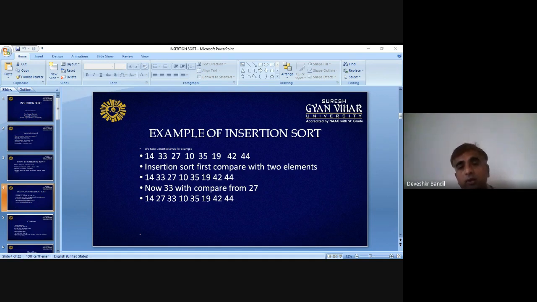And what concept will you follow for swapping? I have told many times in my previous classes, you can swap with a third variable, that is temp, and also you can swap without a third variable. I am telling about swapping with the help of a third variable.